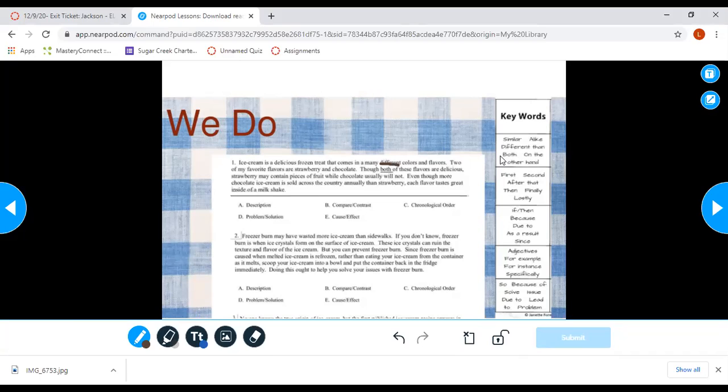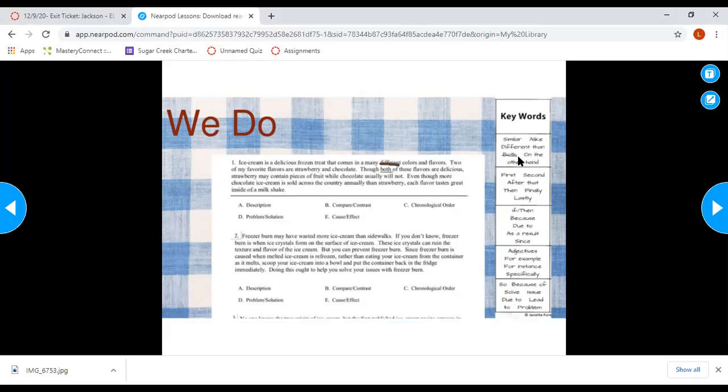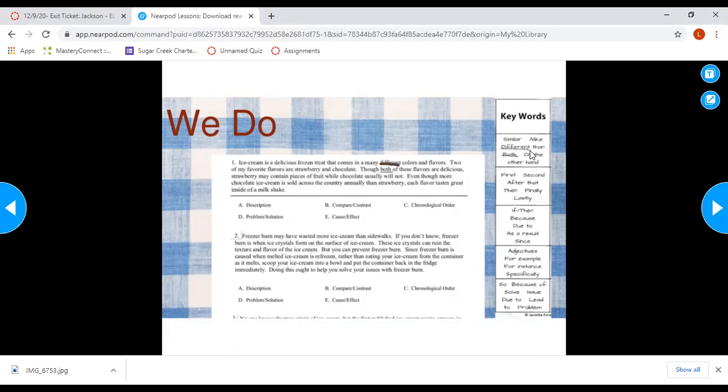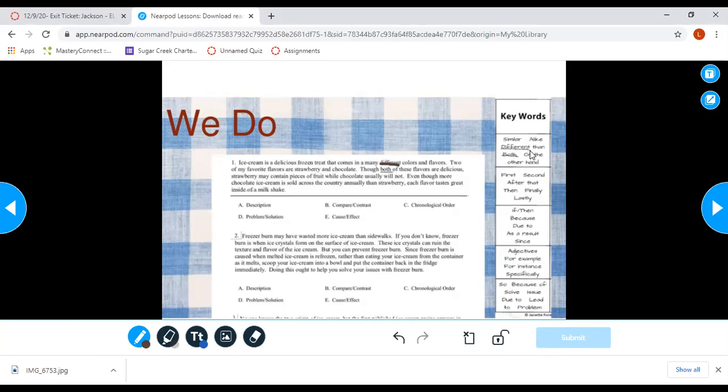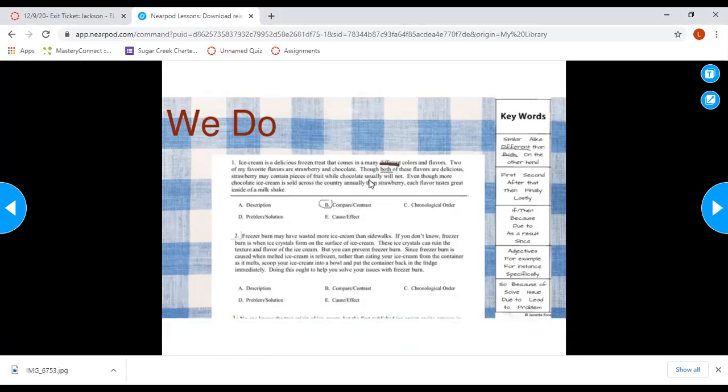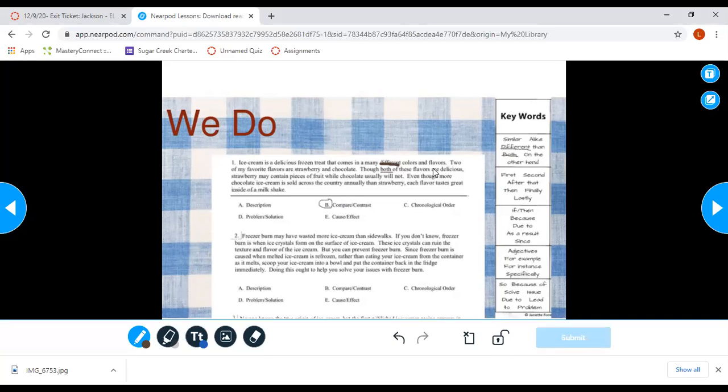So now we're going to go over here. We see both. We also see different. All right. So what word this is associated with in the chat, you guys told me it was compare and contrast, which was B. But I also want to talk about how we know it's compare and contrast. We have both, right? What two things are they comparing? Let me call on Maya.